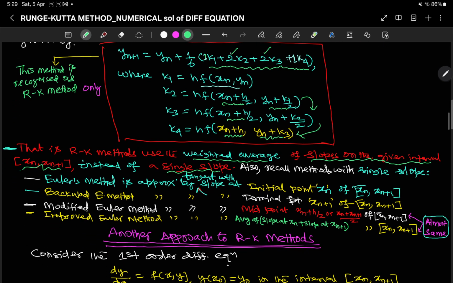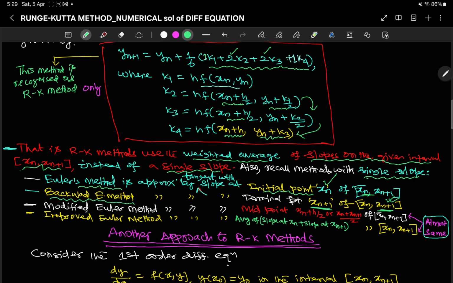If you recall the geometrical interpretation of earlier methods having a single slope, Euler's method is approximated by the tangent line at the initial point of the interval. The backward Euler method uses the tangent line with slope at the terminal point x_{n+1}. This method is called the backward Euler method.